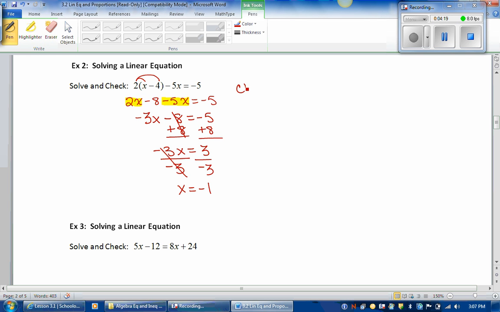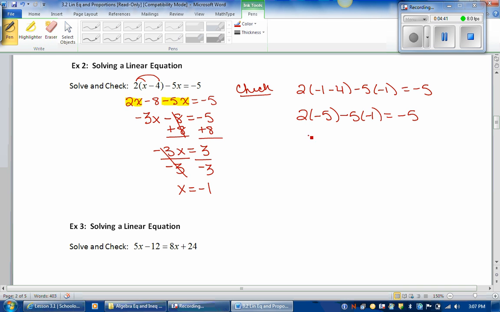I do want to check that back in the original. You do what's in the parentheses first, because you're evaluating an expression here, right? This half is an expression. So 2 times negative 5 minus 5 times negative 1.